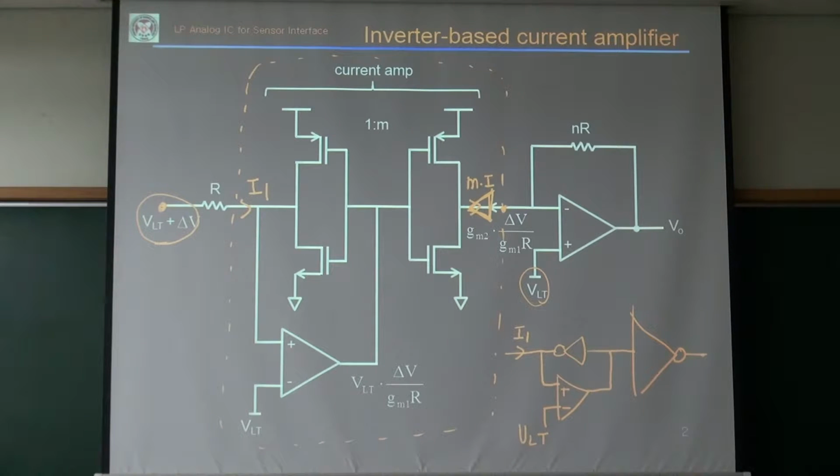This should be connected to the logic threshold at DC. So there is some negative feedback from this second amplifier, connecting this output node at the logic threshold, right?